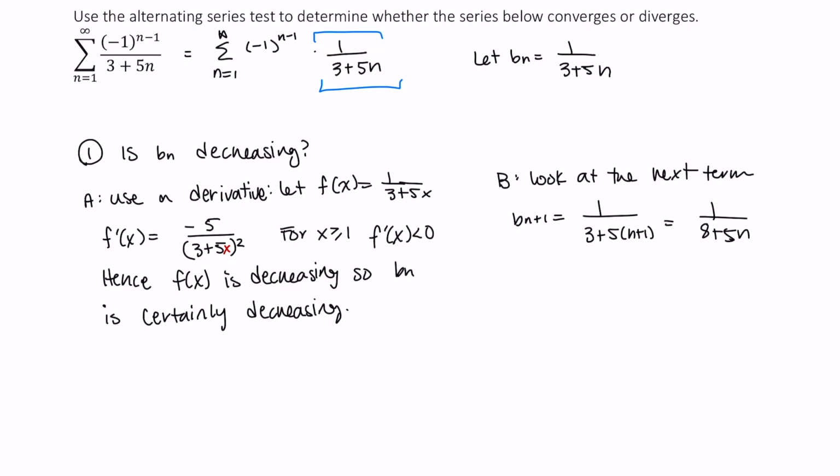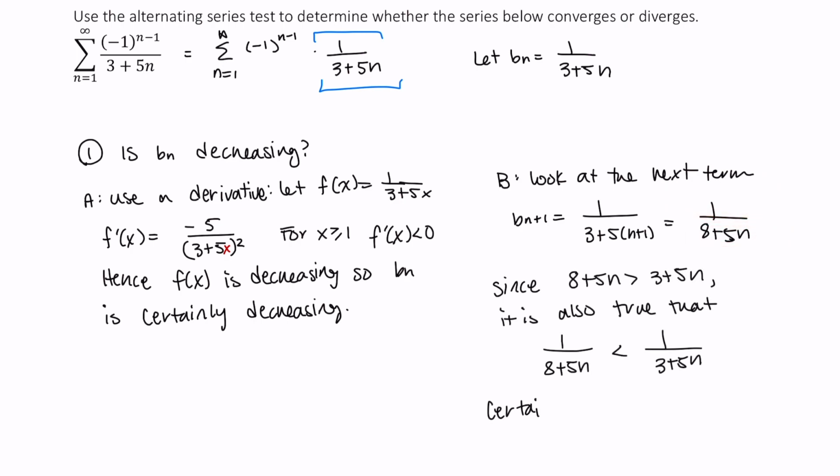The denominator got bigger. That tells me that this value is now smaller. The unit fraction divided by this larger denominator is smaller. Thus, we certainly know that b sub n is decreasing.